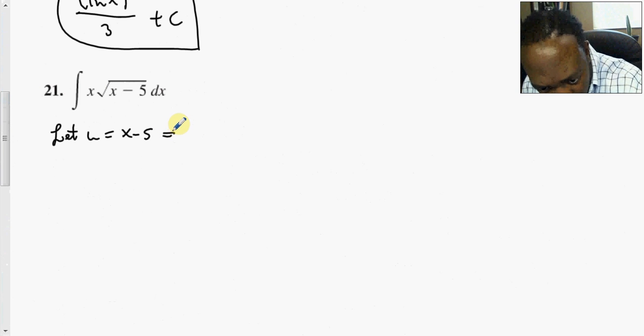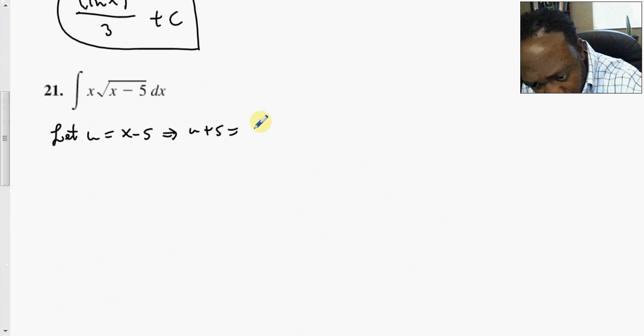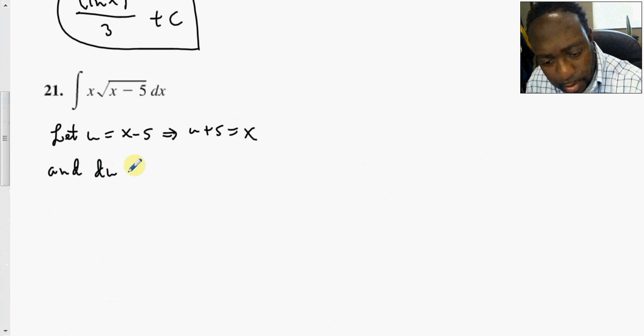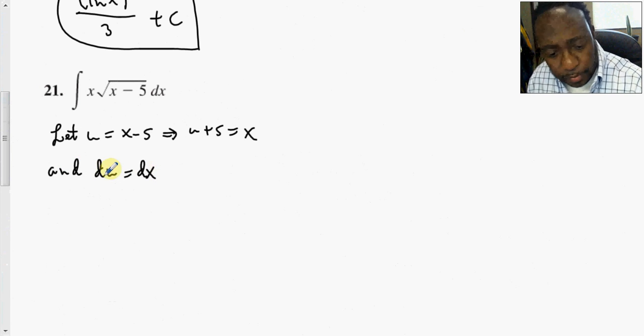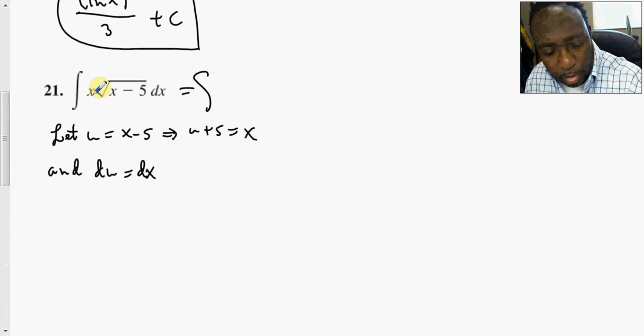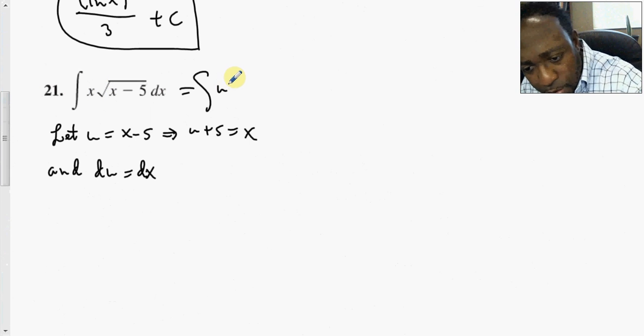Because this implies two things: that u plus 5 will pick up the x that's out here, and du is dx. So the dx is represented by the du. The u plus 5 will represent the x. So the integral of the x is u plus 5.